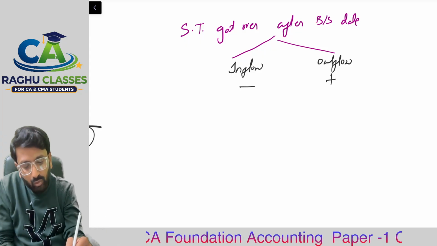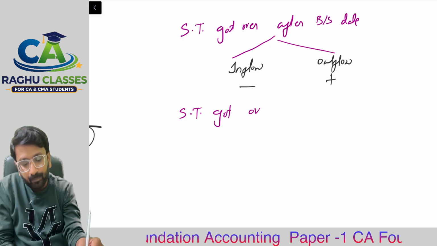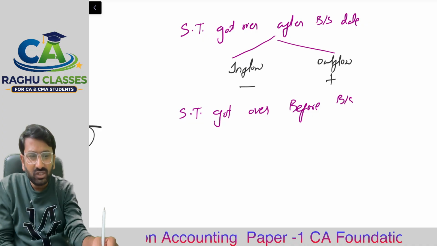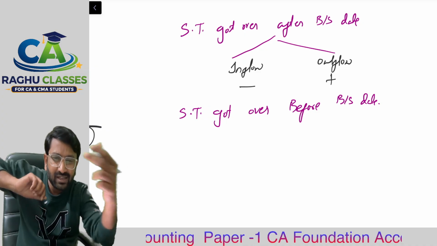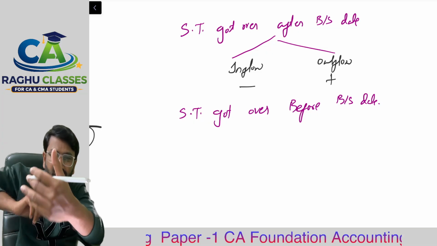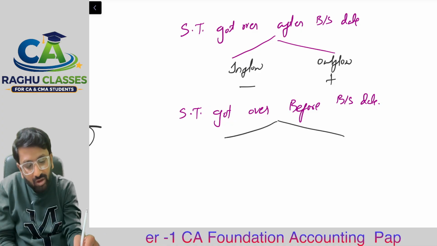Similarly, there can be one more case where stock taking got over before the balance sheet date. Now we have to do forward calculation. For example, I have to go from 29th of March to 31st of March. And when I'm doing forward calculation, it's going to be normal calculation.